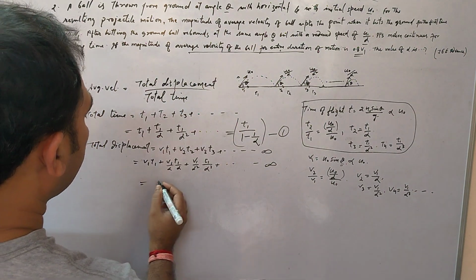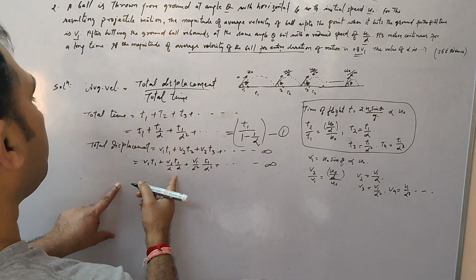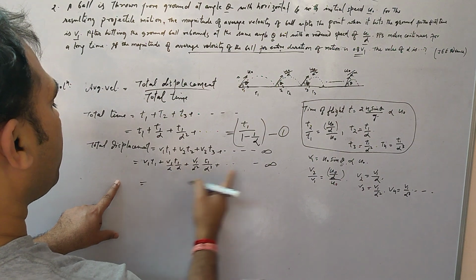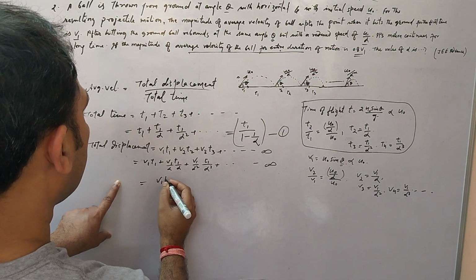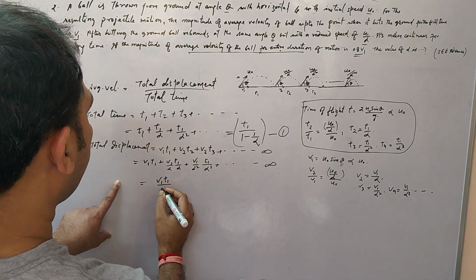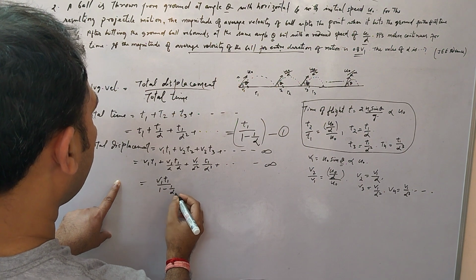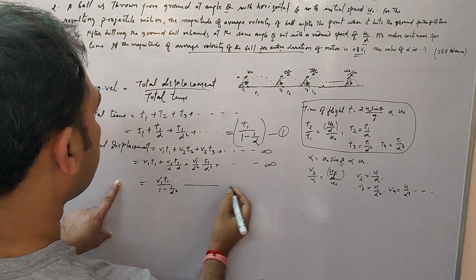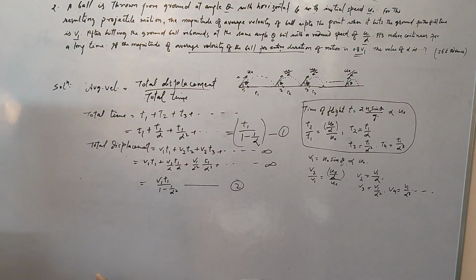So this will be again a geometric progression. The sum will be V1 T1 upon 1 minus 1 upon alpha square. This is the total displacement.